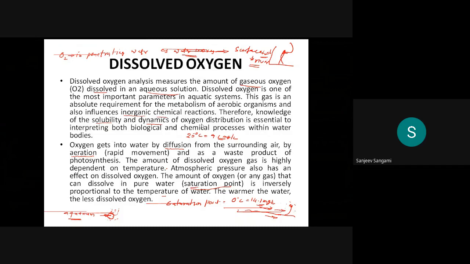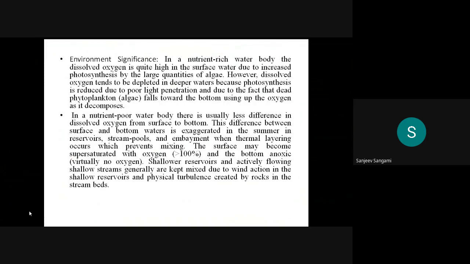With all these details, we'll go ahead with its environmental significance. That also we have discussed, but still we'll highlight the very important points required for the importance in aquatic systems as well as the environmental significance of this dissolved oxygen.